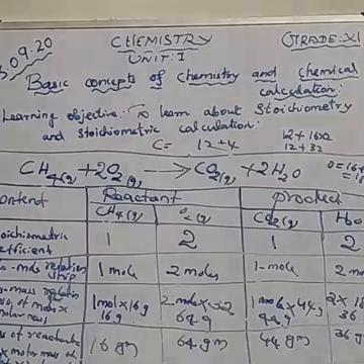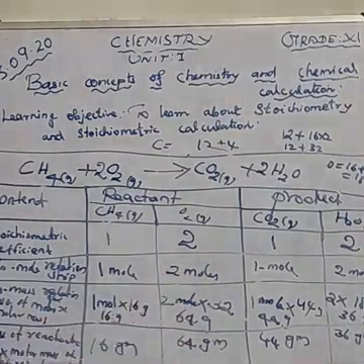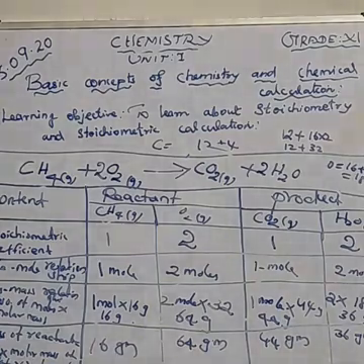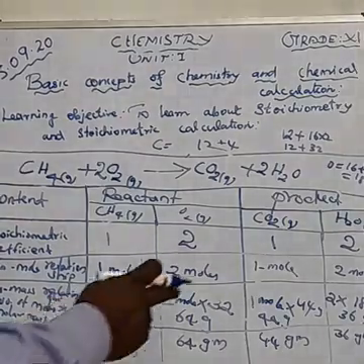Next one. Here number of moles, how much? 2. Am I right? So 2 into 22.4 liters. What is the answer? 44.8 liters. Then what's the next one? Number of moles, how much? 1.